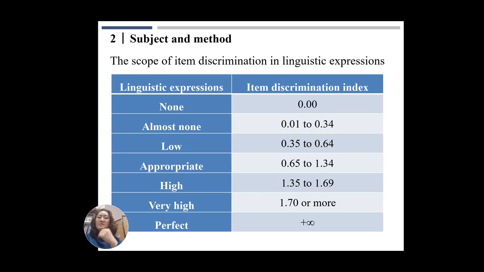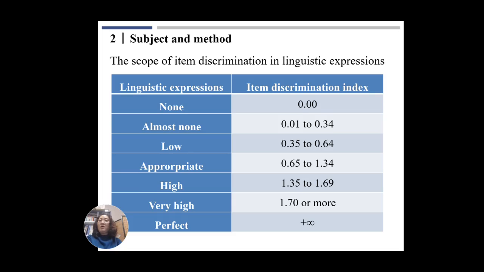The table presents the linguistic expression according to the item discrimination index in the logistic model. Item discrimination represents the slope of an item characteristic curve that shows item difficulty, and it is denoted by a or α.